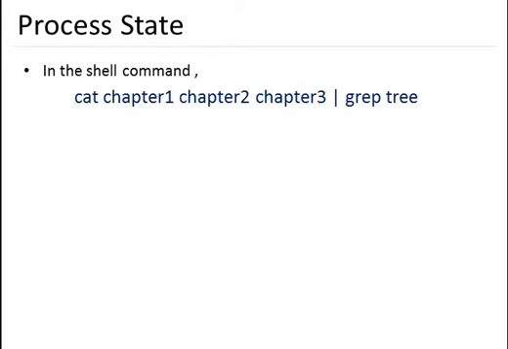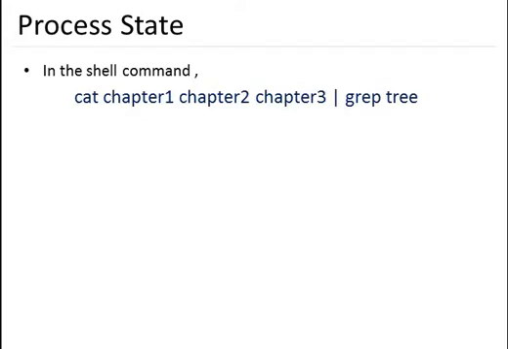If you are familiar with them, it's okay, but if not, let me give you a simple explanation. The cat command is used to read the content of a file. In the first command I am reading the content of chapter1, chapter2, and chapter3, which are files. In the second command, grep tree, the grep command is used to find a particular substring in a file.